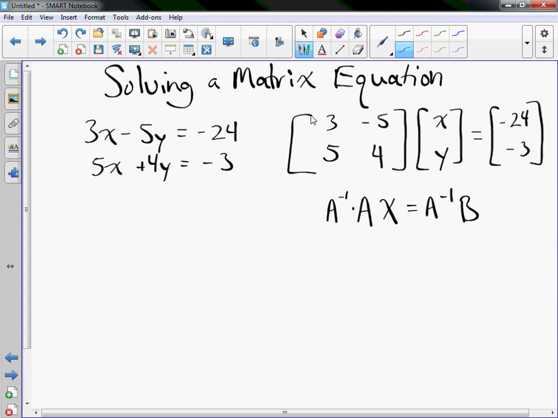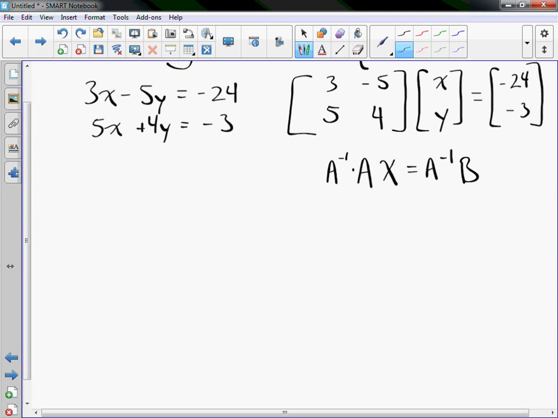Well, that means we have to find the inverse of A. Well, good thing we've gone over that already. So finding the inverse of A, we need the determinant of A. Well, 1 over the determinant. The determinant is 4 times 3, which is 12, minus negative 5 times negative 5, which is 25. So there's 1 over the determinant.